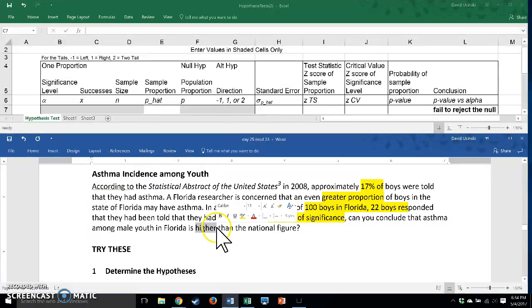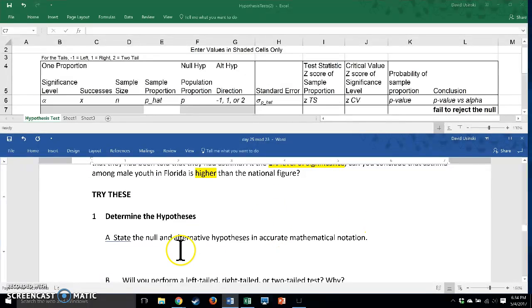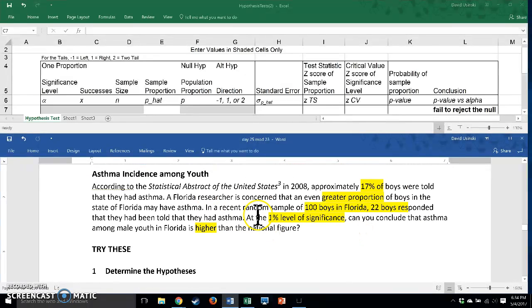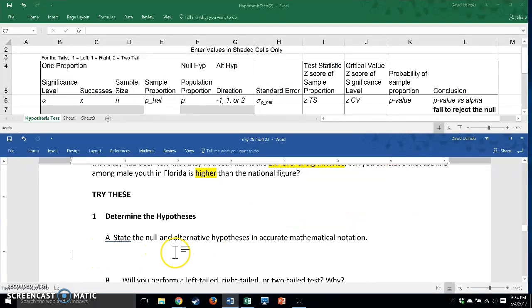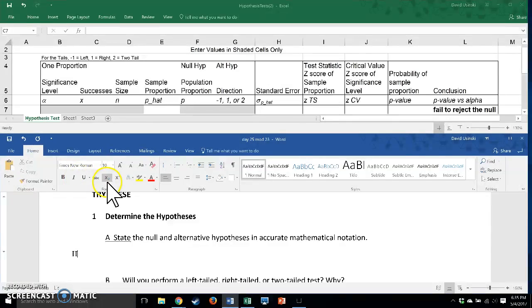So there's two directions here. Both of these said higher. So this is higher and this is greater proportion. So we know that we're going to be doing something greater. All right, so let's state the null and the alternative. The null hypothesis is the background condition. That's the 17% of all boys. So we're trying to see if that number is still true, or do we have new evidence to suggest that it is false.